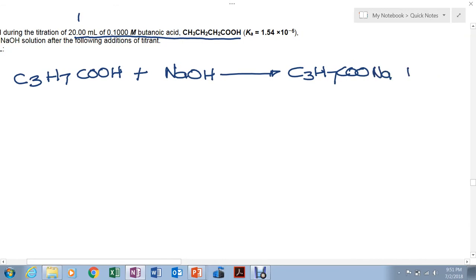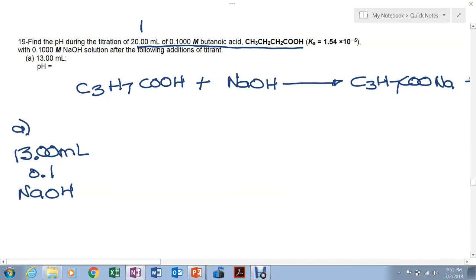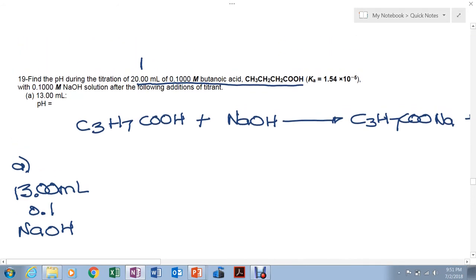plus H2O. Now, we're going to do it with moles like the other one. We have 13.00 milliliters of 0.1 M NaOH. The acid is always going to stay the same because you introduce this amount of moles in the flask, and then it stays. The molarity is going to change depending on how much NaOH solution you add.